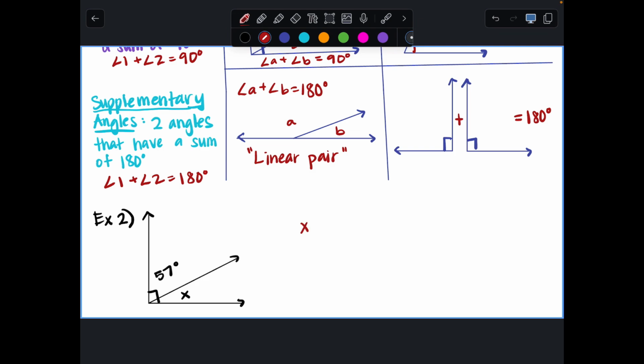So x plus 57 degrees equals 90 degrees. So the measure of angle x equals 33 degrees.